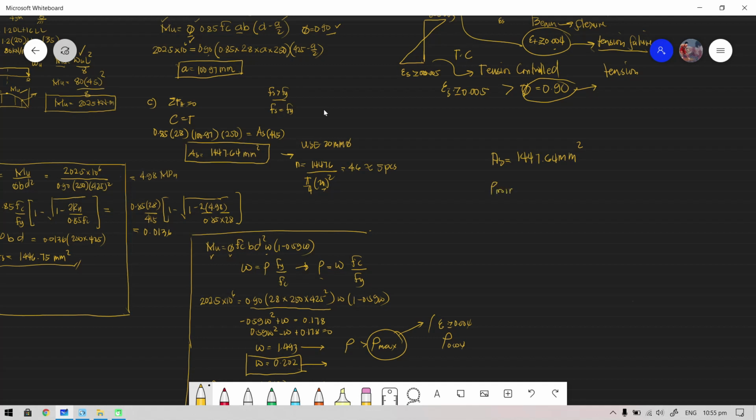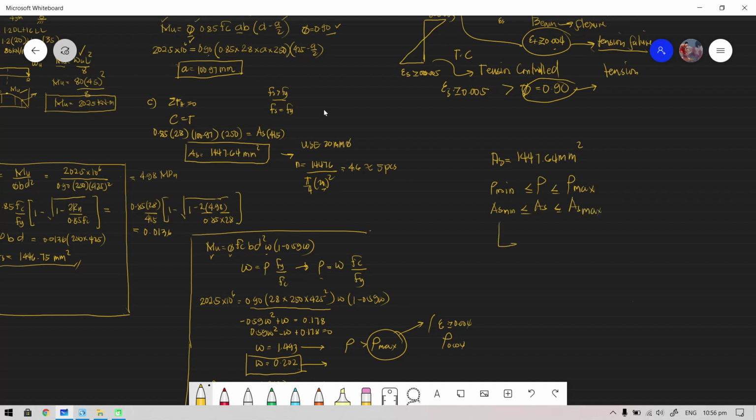Sabi ng code, dapat yung rho min mo, rho actual, rho max. So, it follows also na itong AS min, and then yung actual, should be less than or equal to AS max.